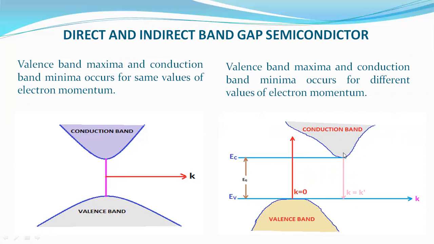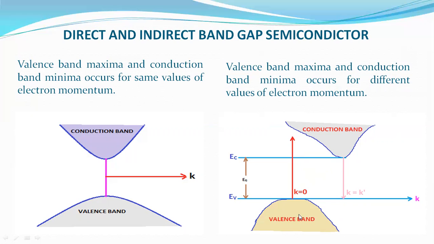Say some particle inside the conduction band has to go to the valence band. Then it is at a higher electron momentum, so somewhere it has to lose its momentum. It may lose some momentum through a phonon interaction, and after losing it, a quasi energy state is created over here, and then from there it goes to the valence band.